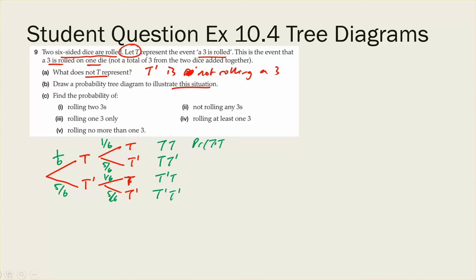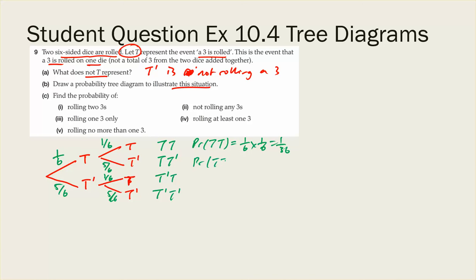For TT, we look at the probabilities on the branches for the path we're interested in and multiply together. It's 1 over 6 times 1 over 6, so 1 over 36.